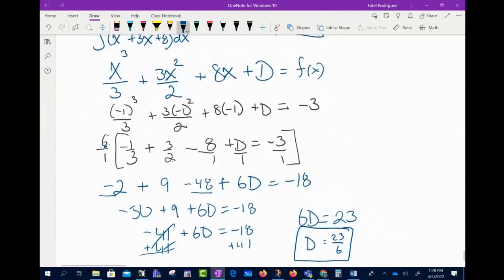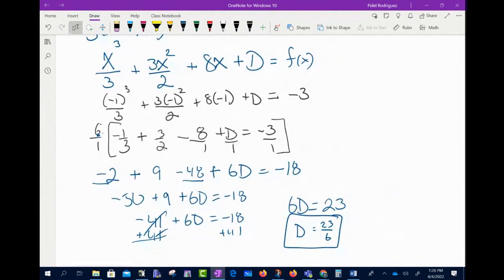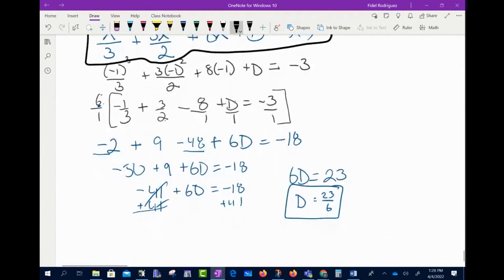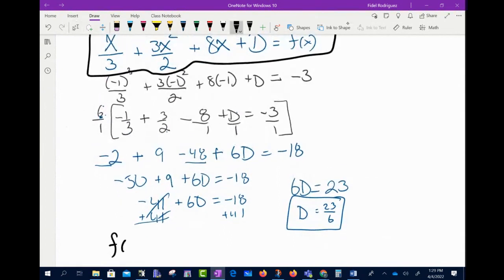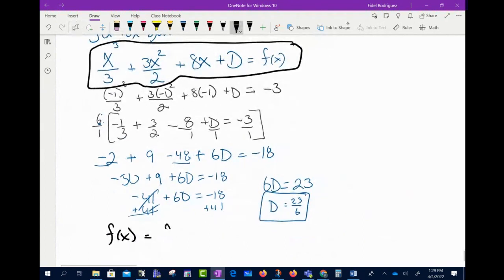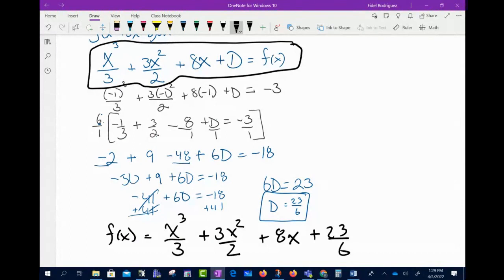Okay, so what that's telling me now, remember, here was my original function, right? So I'm going to write that out now. I'm going to write f of x equals x to the third over 3 plus 3x squared over 2 plus 8x plus 23 over 6, right?